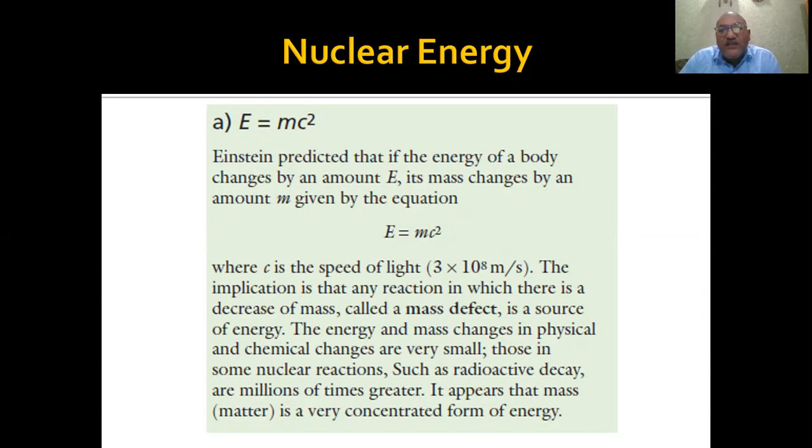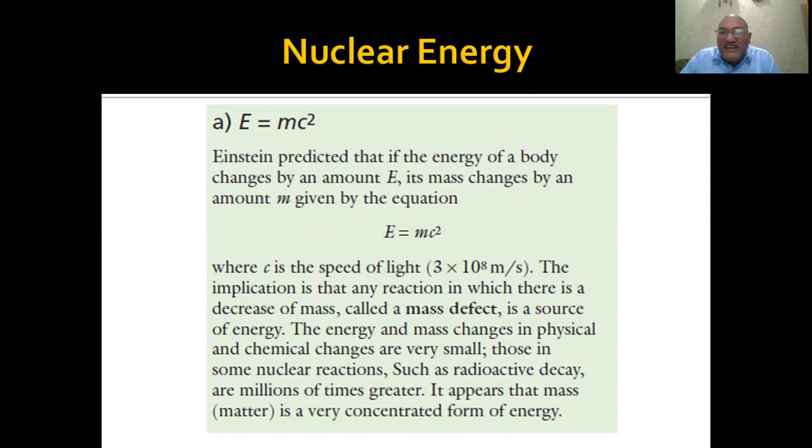If you convert a very small amount of mass into energy, it's not a chemical reaction. We're not talking about a chemical reaction. It's a nuclear reaction in which, if a little amount of mass, a fraction of a gram, converts into energy, a huge amount of energy will be produced.